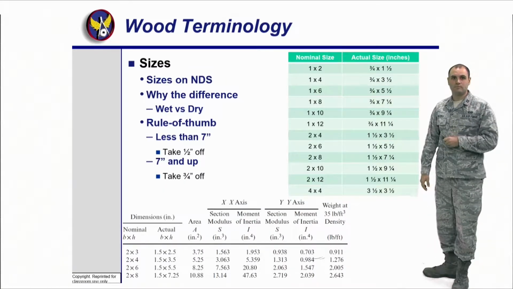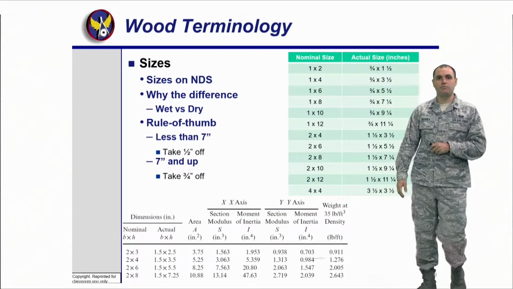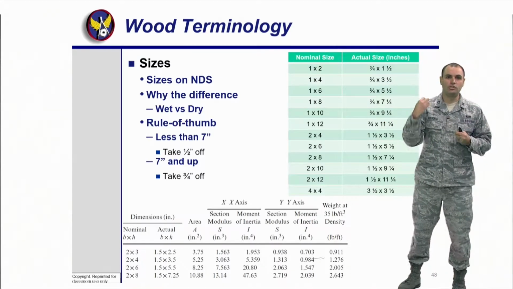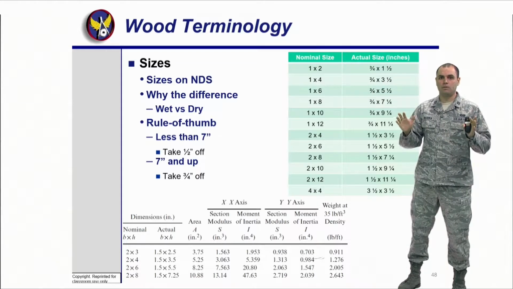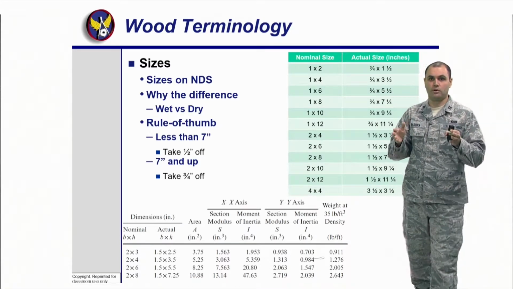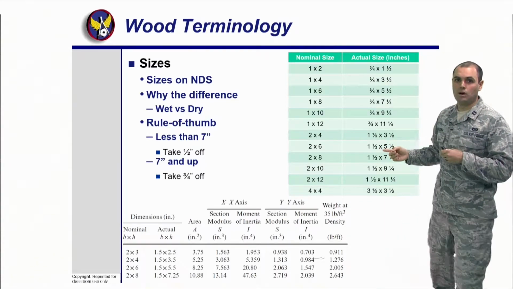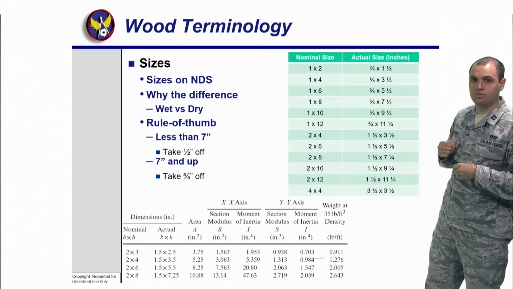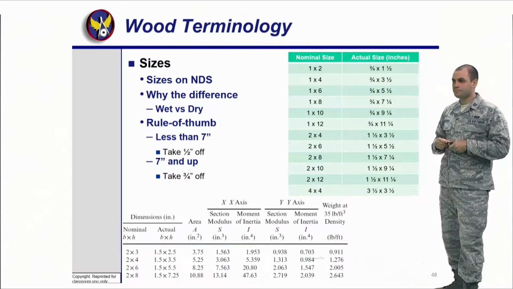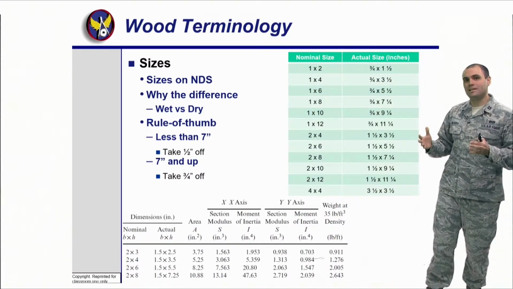With wood, again, we have the same issue we have with masonry. There are actual sizes and nominal sizes, right? So a 2x4, hopefully I'm not blowing your mind, doesn't actually measure 2x4. It actually measures 1.5 by 3.5 inches. So why is that?